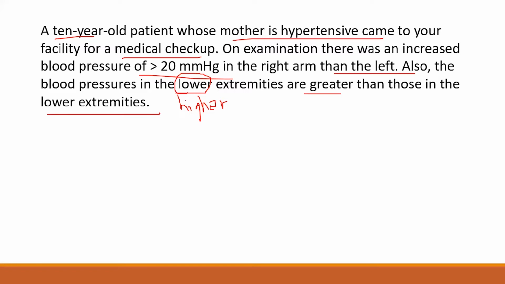It's more or less like narrowing, but with the way it presents, we call it coarctation. Technically put, it's the same as narrowing. So these are some of the conditions that can lead to differences in blood pressure. And again, these normally occur around where the ductus arteriosus is.